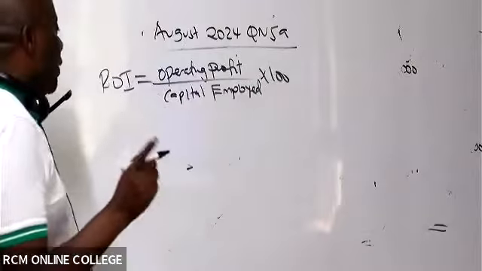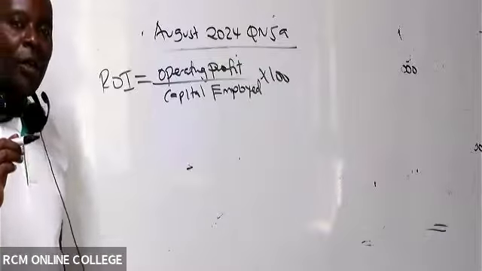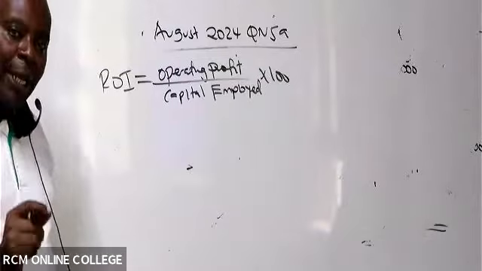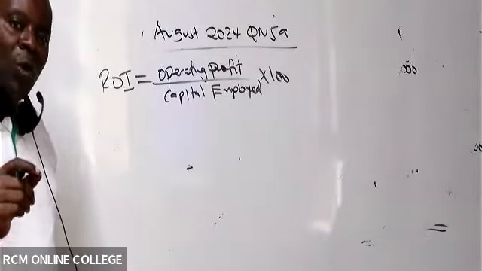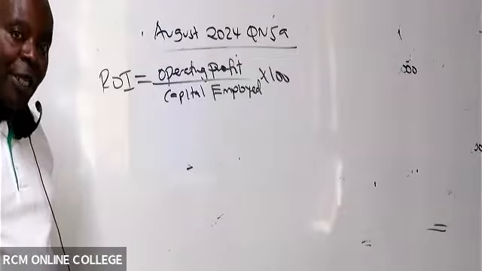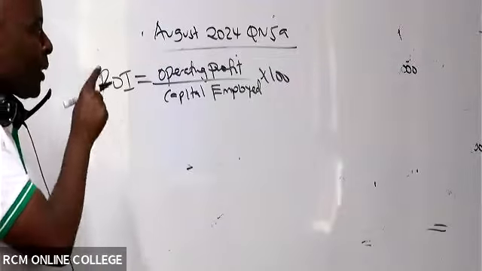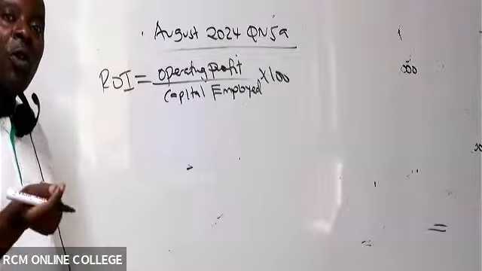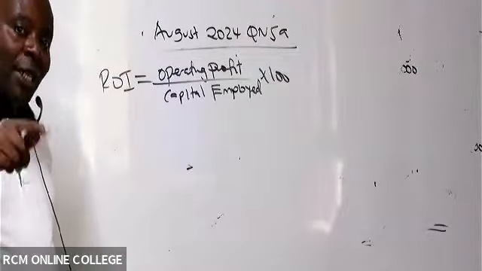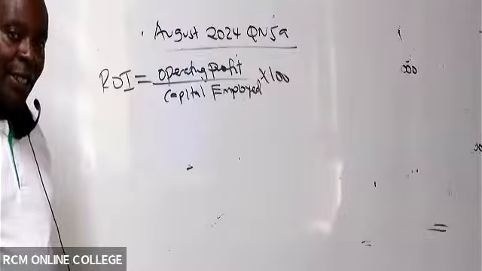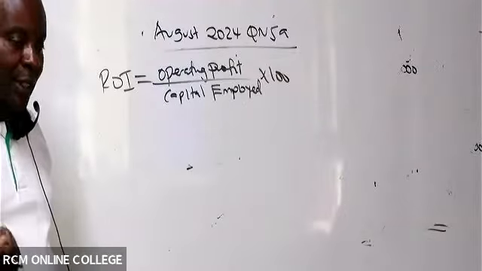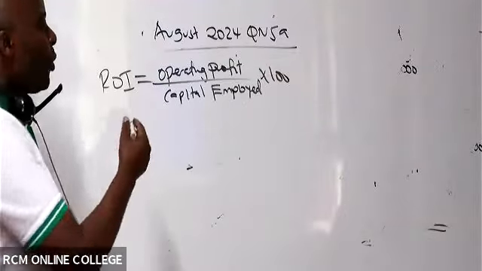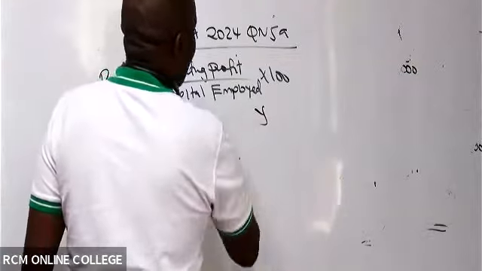Remember, we have 2 types of ROIs: the operating ROI, where you use operating profit, and the net ROI, where you use PAT, profit after tax. So we have 2 divisions here, X vis-a-vis Y.